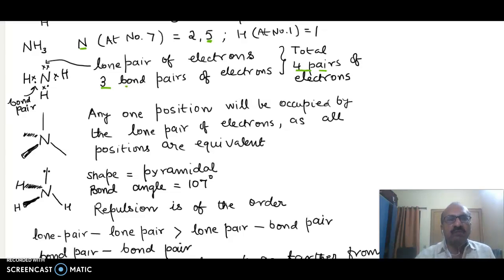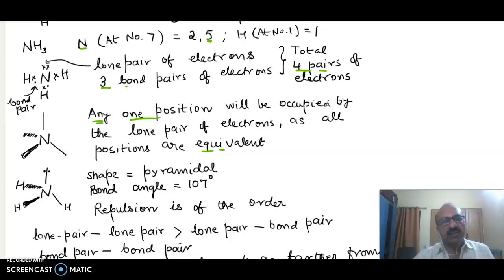But now one position is for the lone pair, and it can be any one, because all these 4 positions are equivalent. We cannot distinguish one position from another, because if we just rotate the molecule, the positions simply get interchanged, but you get the same shape. So it does not make any difference where we place the lone pair. Suppose we have placed the lone pair here.